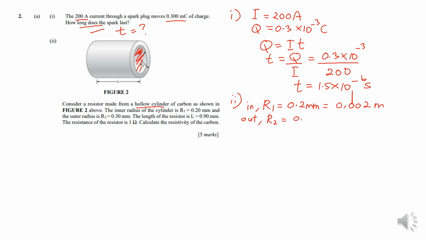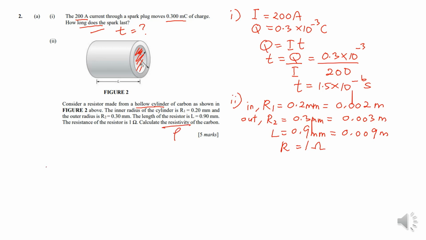The outer radius R2 is 0.3 millimeter ataupun 0.003 meter. The length of the resistor diberi is 0.9 millimeter ataupun 0.009 meter. The resistance of the resistor diberi 1 ohm. Calculate the resistivity of the carbon.